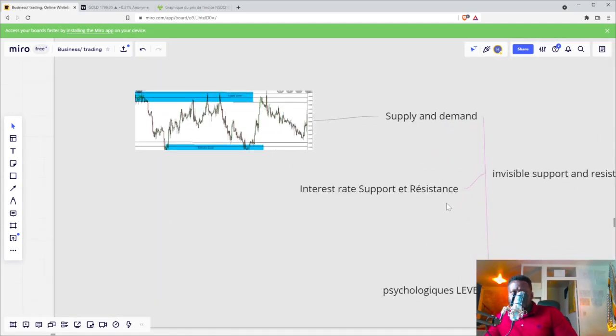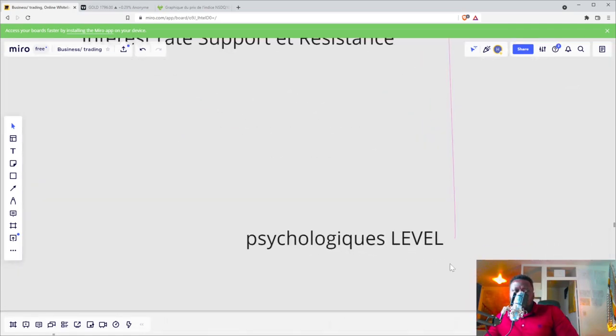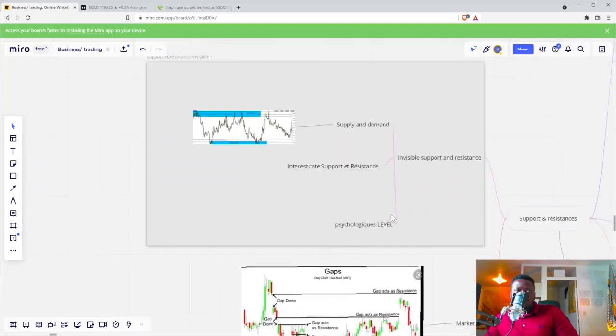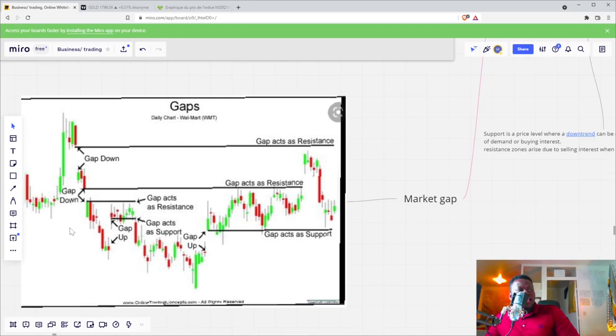Also, you have interest rate support and resistance. You also have psychological level support and resistance. And the last one, you have the market gap. What is a gap?